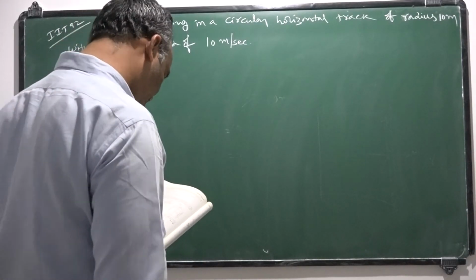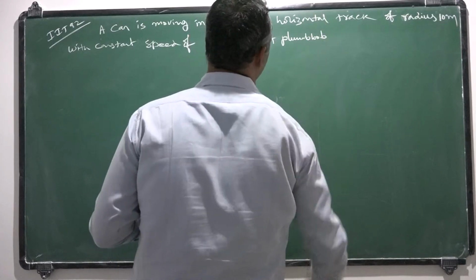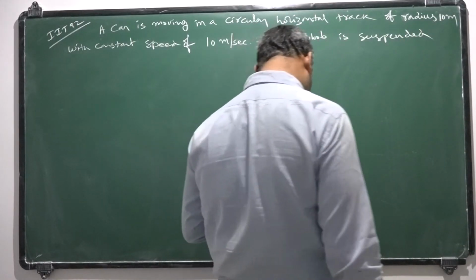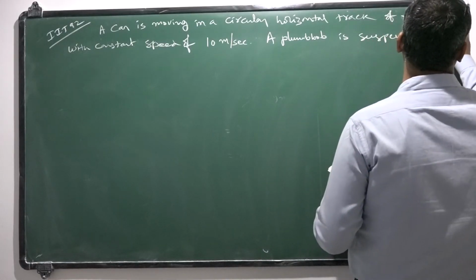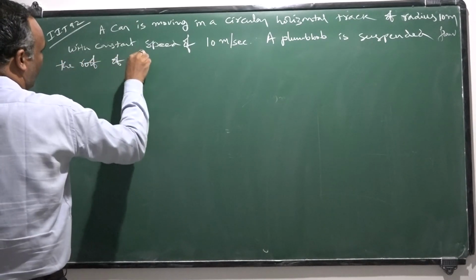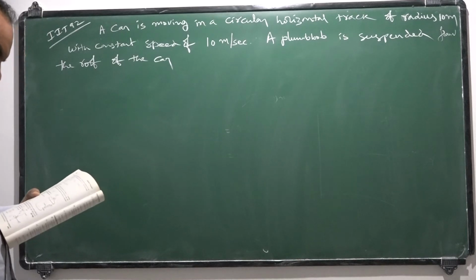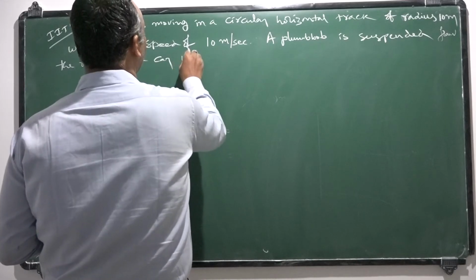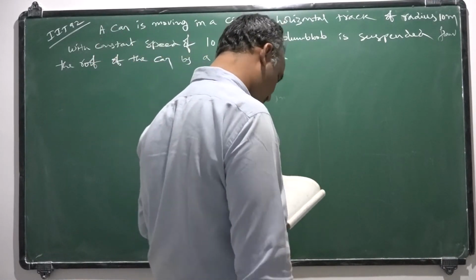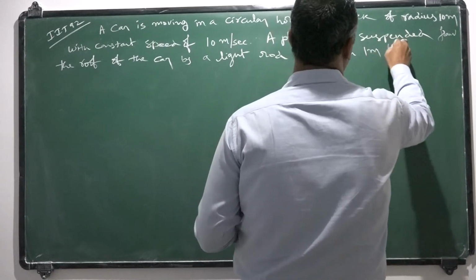A plumb bob is suspended from the roof of the car by a light rod of length 1 meter. It's a rigid rod.